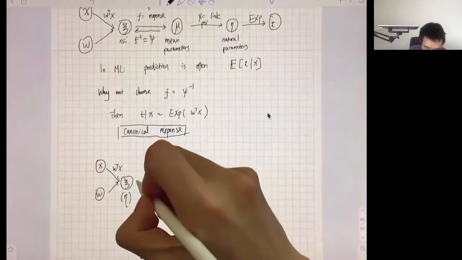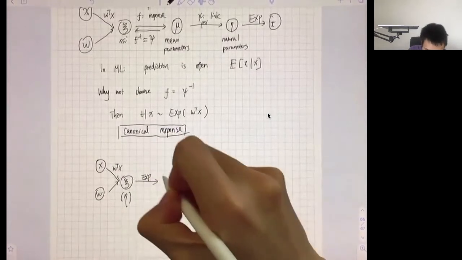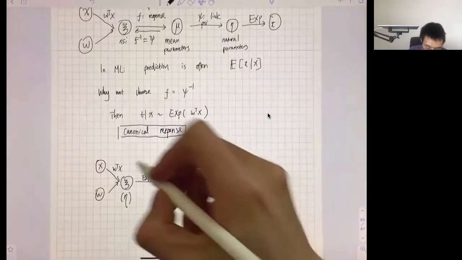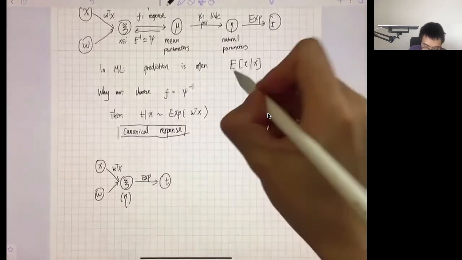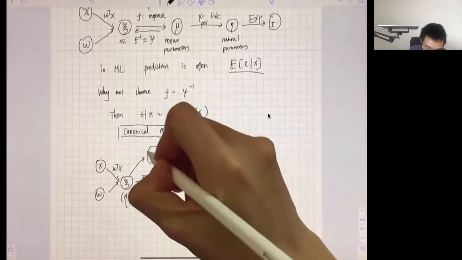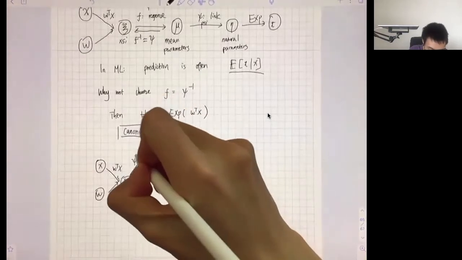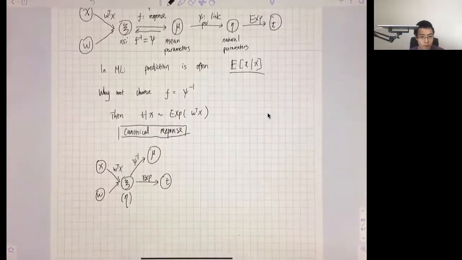Based on my eta, I can define my exponential family of T. But my prediction is oftentimes about the mean parameter, so I would compute the mu parameter, the mean parameter, by my psi inverse. So this is the generalized linear model with a canonical response.